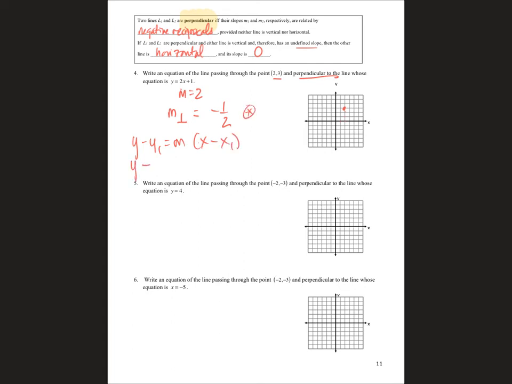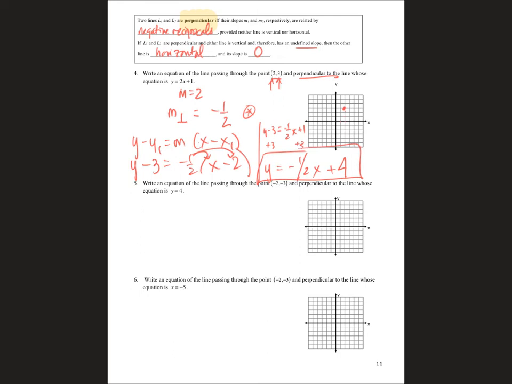So y minus y value equals slope, x minus x value. Then let's distribute. So that's y minus 3 equals -1/2 x plus 1. Then I'm going to add 3 to both sides to isolate the y. And there's the equation.